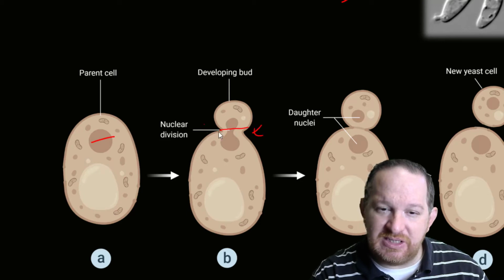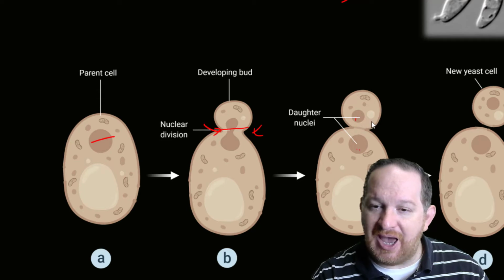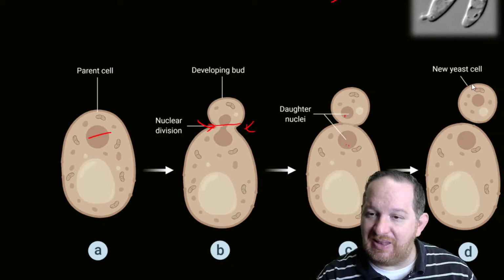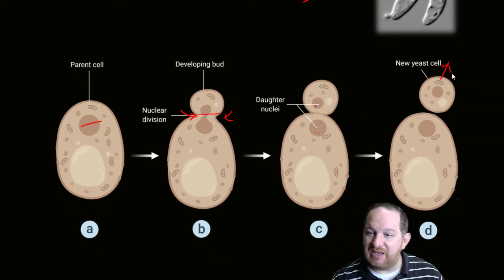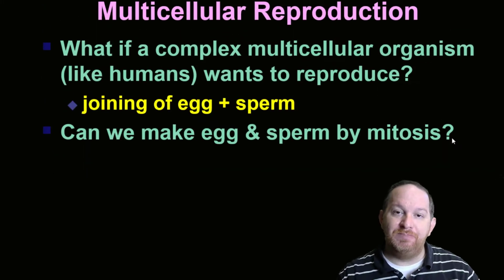We can see a little cleavage furrow starting to form. And then you see the two daughter nuclei in each of the cells. Finally, that last cell will pinch off, sort of like it was a little bud that came off of the original parent cell. So this is how many single-celled eukaryotic organisms reproduce, and the multicellular hydra, like we mentioned before.